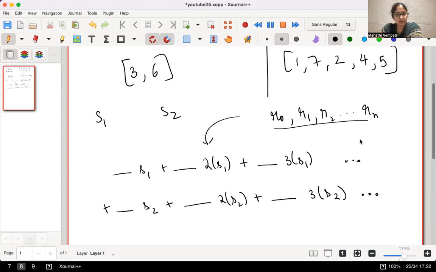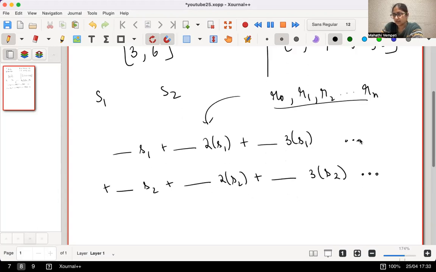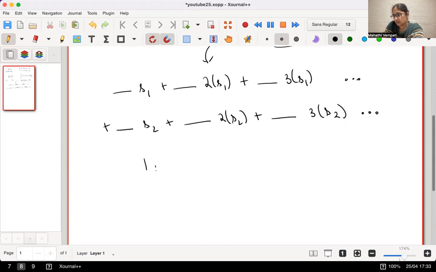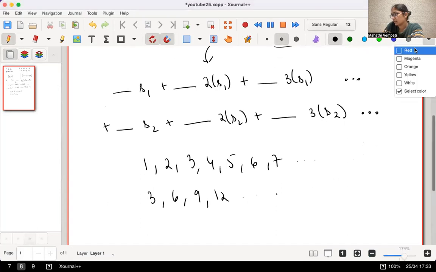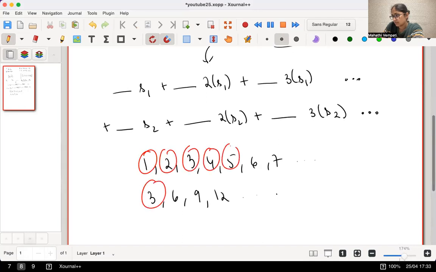Right. So in this case, this list is 1, 2, 3, 4, 5, 6, 7, and so on. And this list is 3, 6, 9, 12, and so on. And I have to pick the seven smallest guys. So I'm going to pick this, and this.